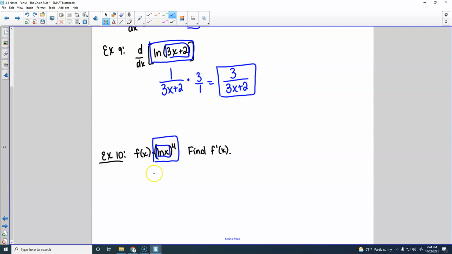So this time, when we take our derivative, we'll have 4 ln of x to the third times the derivative of the inside, 1 over x. So this will probably be written like this. Okay. Questions?